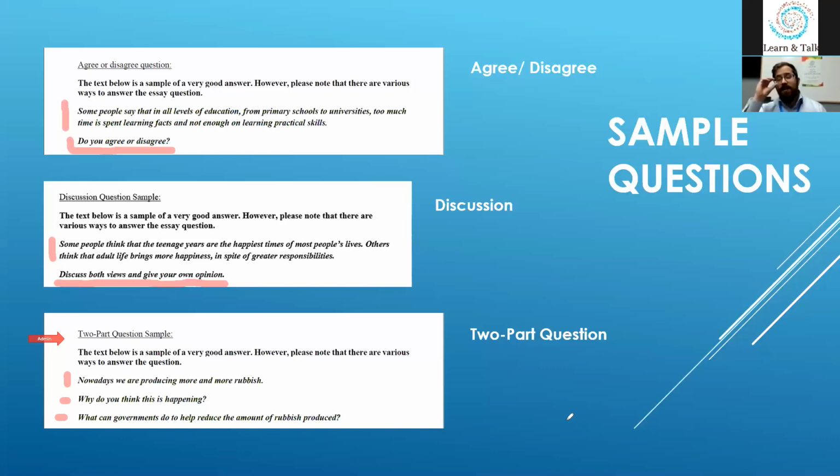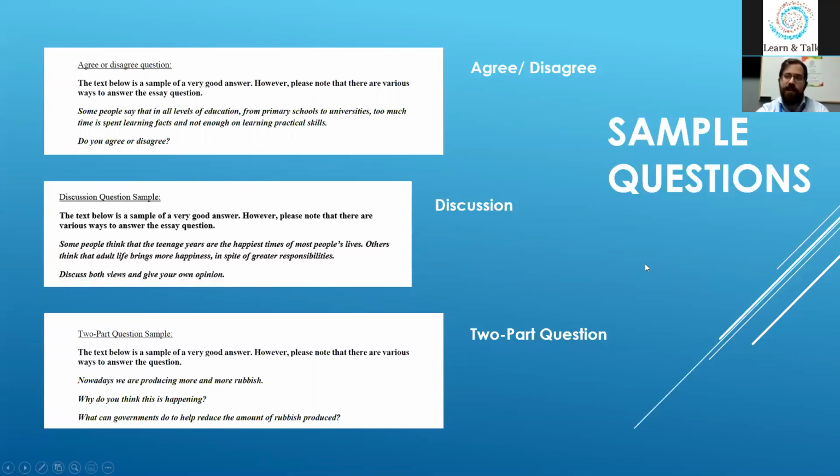So in this case, you should answer, in one paragraph, the causes. Describe the causes. And in your second paragraph, you should describe possible solutions. Okay? So these are very important because according to the type of question, you might have to write about different things in your essay. And of course, this is something that we go over and practice in far more detail during the lessons.